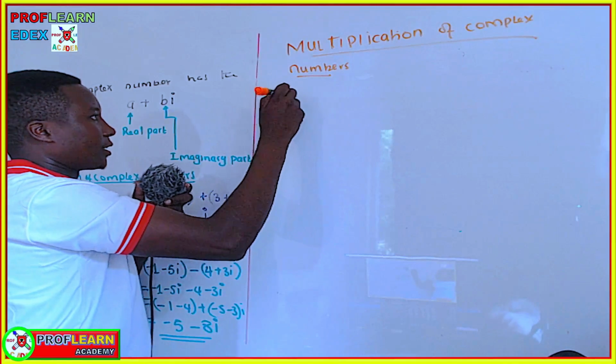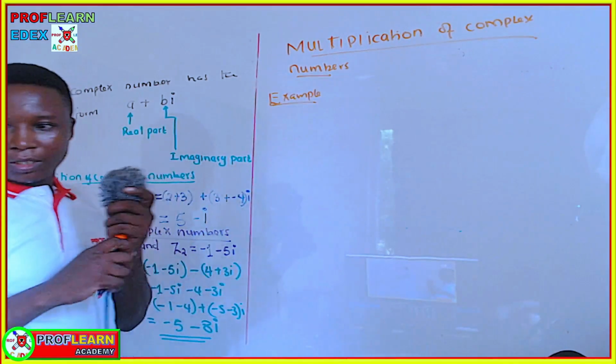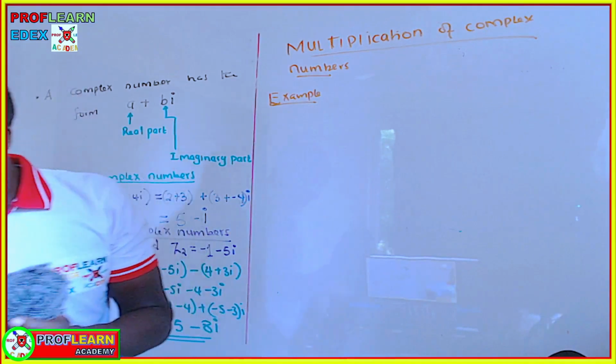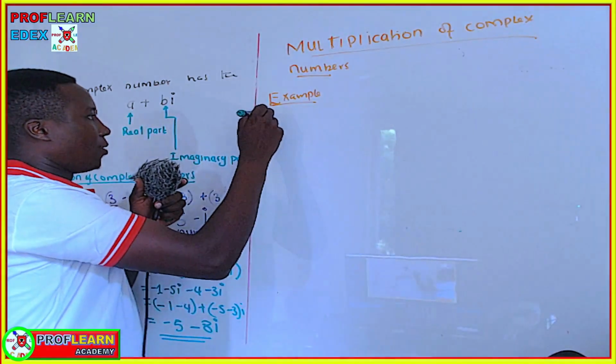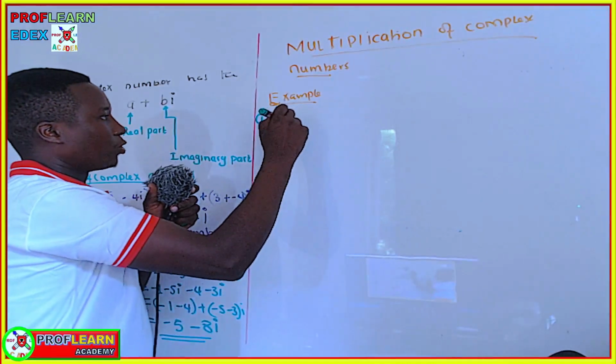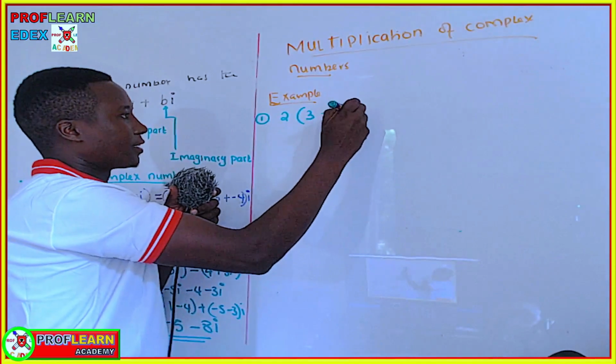So we shall start by looking at some simple examples. Here, the first one that I want us to use is number 1. I want us to work out 2 times (3 minus 6i).